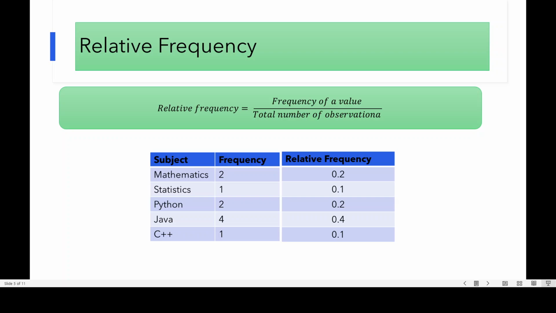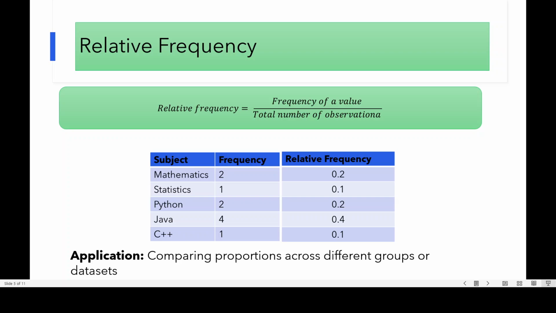If we divide 2 by 10, we get 0.2. So it means that 20% of students registered in mathematics, and 40% registered in Java. We can use relative frequency to present count data and for comparison purposes. We can easily compare two different data sets having a different number of total values.